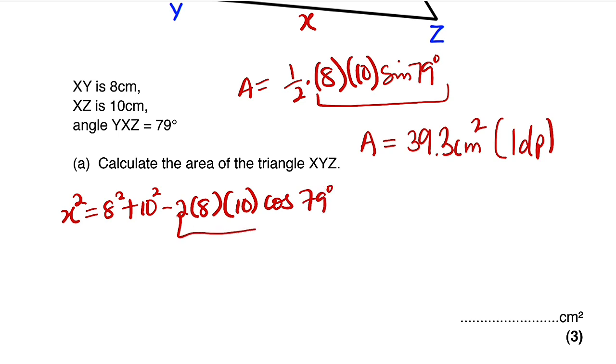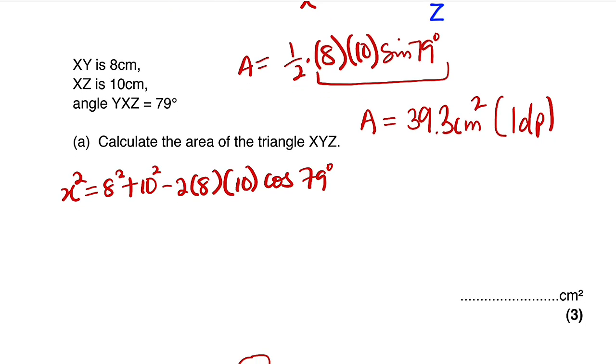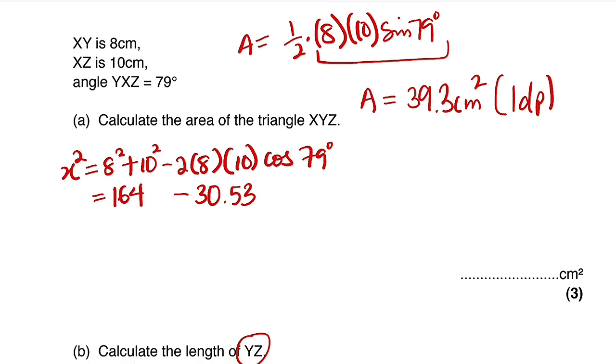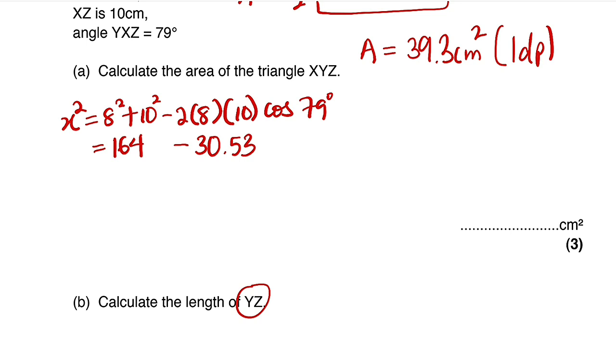So let me simplify this. And this is equal to minus, we have 30.53. Let me leave it in 2 decimal places. Then 8 squared plus 10 squared will give us 164. So 164 minus 30.53 will give us 133.47.